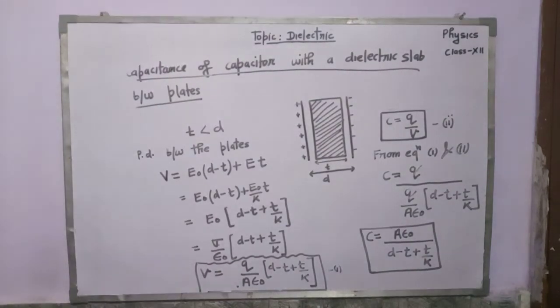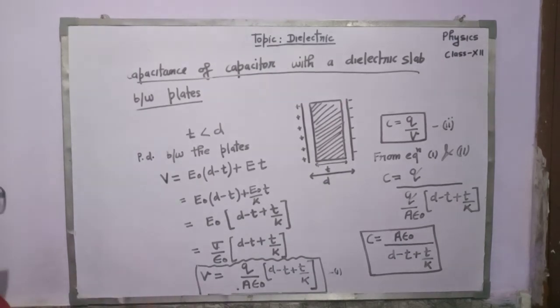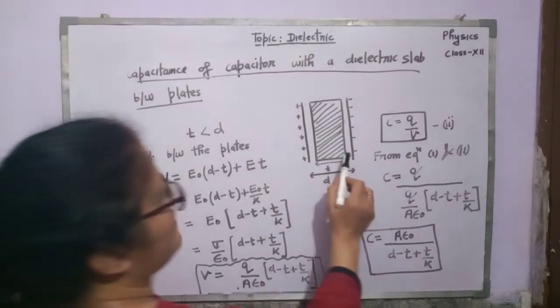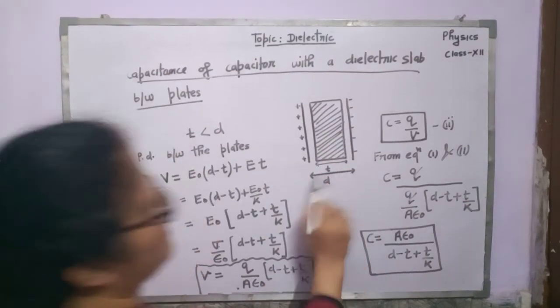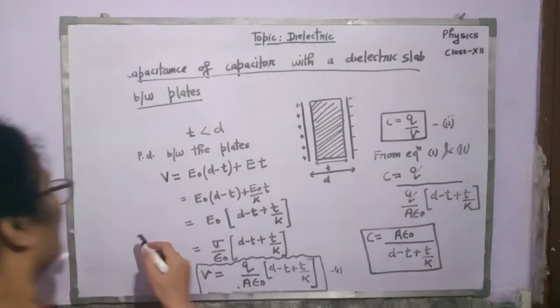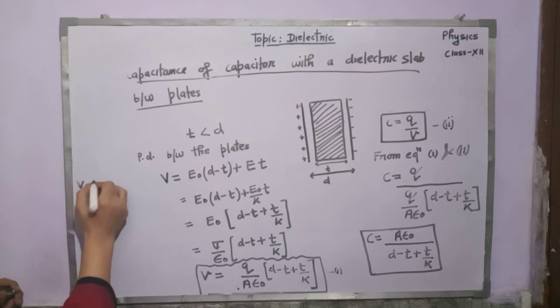Now one question again, I am explaining this topic. What is the potential difference between the plates? Here we have taken that the thickness of the dielectric slab is less than the distance between the plates. As you know the formula, V is equal to E into d.